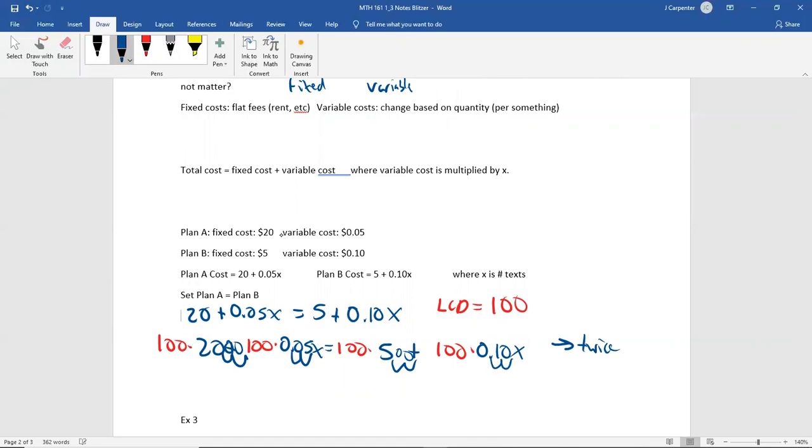And this will go right twice, so it's now a 10. So what that gives us is 2,000 plus 5x equals 500 plus 10x. No more decimals, much easier equation, much easier on the brain, the eyes, everything.